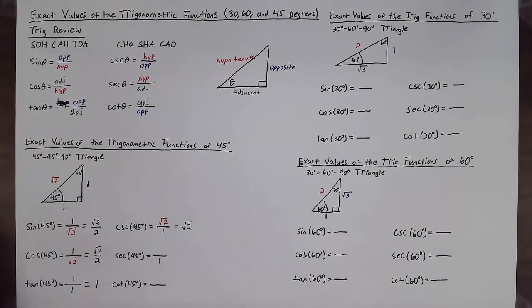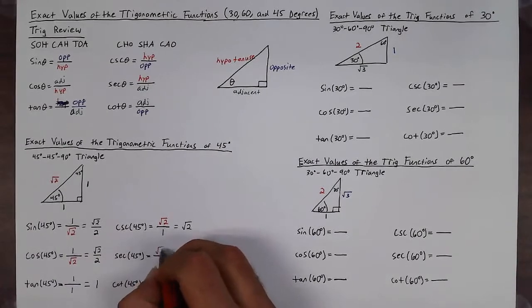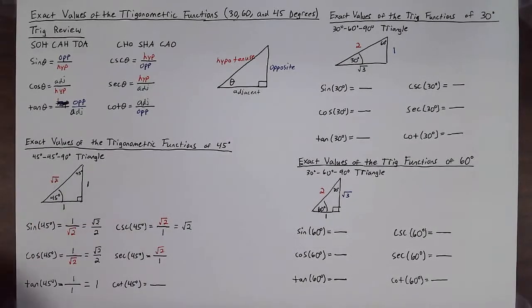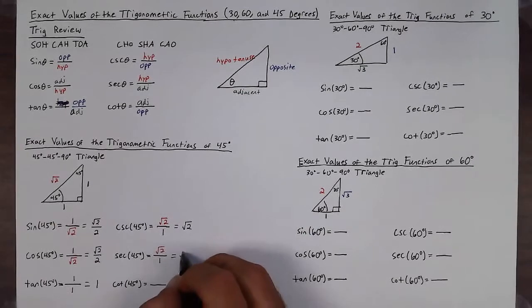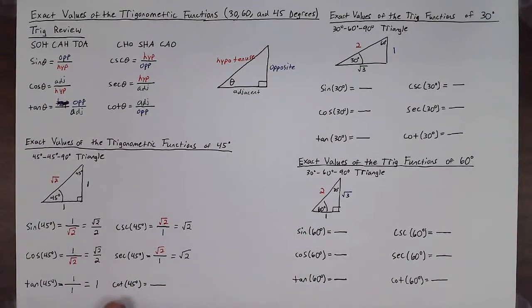It is going to be the square root of 2 over 1 as well, because hypotenuse over adjacent, which also gives me square root of 2. And the cotangent of 45 degrees would be adjacent over opposite, which would also give you 1, like tangent. And those are the exact values of those trig functions, which is a pretty powerful thing to say, since most of the time when I used trig functions before trigonometry, there were always some crazy decimals that I had to deal with. But now let's look at 30 and 60.